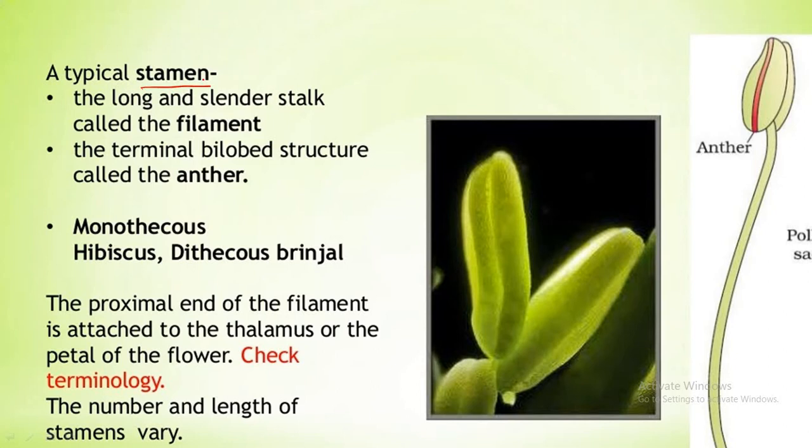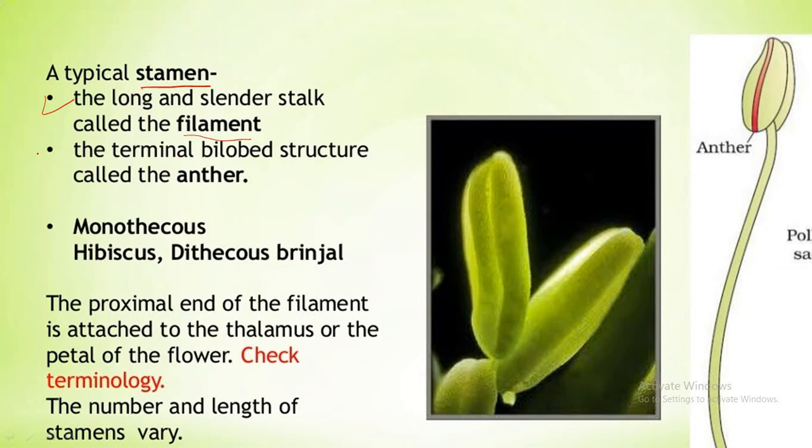As I have already discussed yesterday, the stamen is the male reproductive unit of the angiosperm, and it consists of two things. The first is the long and slender stalk, which is called the filament. Slender means soft, and it is long.